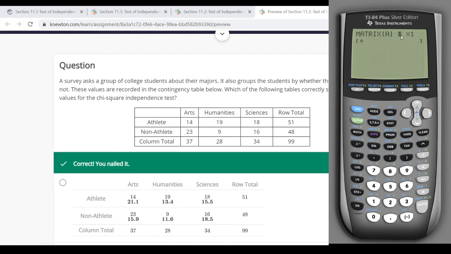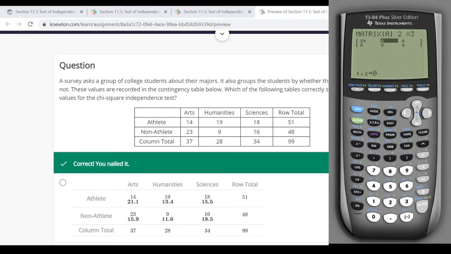Then it asks you for the size of the matrix. This is the number of rows by the number of columns, so it was 2 rows, 3 columns. Then I'll enter the observed counts. In that first row, first column, there are 14. I'm just entering all the values I'm seeing in this 2 by 3 table.